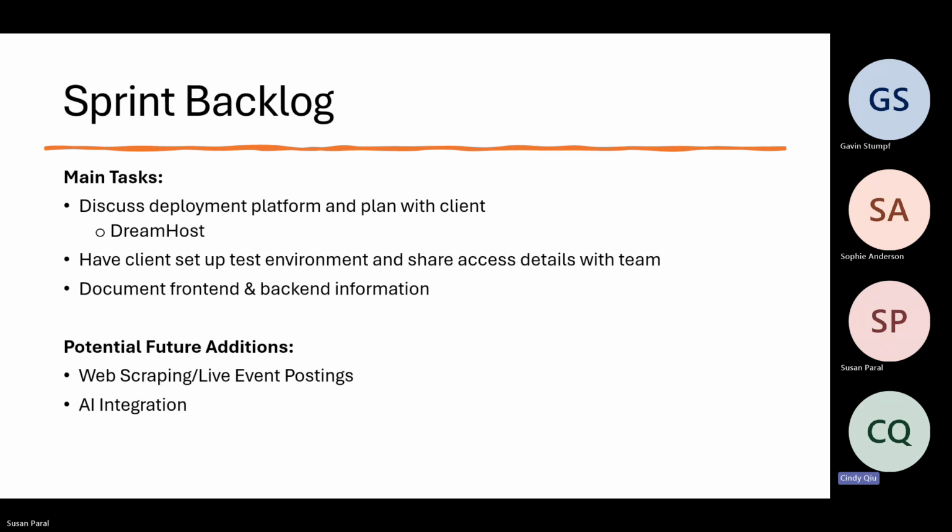And in the future, if another team were to take over for this project, some additions that they could implement are web scraping for the event uploading process, as well as an AI integration for the itinerary generator.